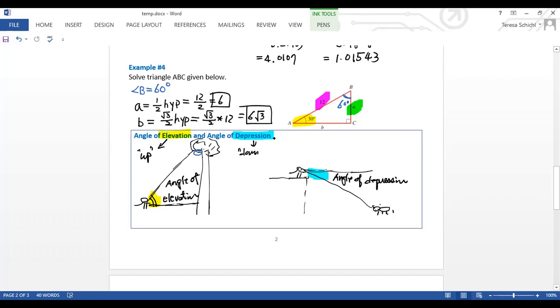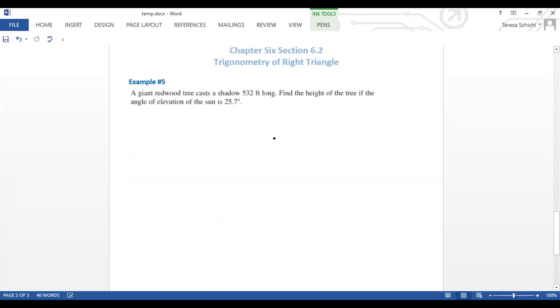Okay, let's take a look at our last example. A giant redwood tree casts a shadow 532 feet long. Find the height of the tree if the angle of elevation to the sun is 25.7 degrees.